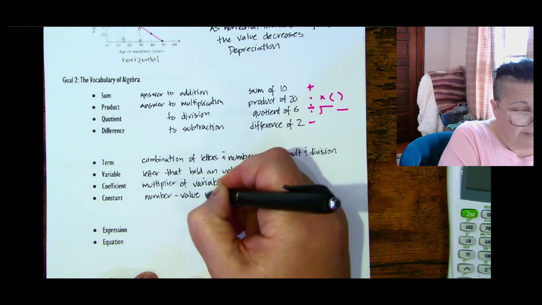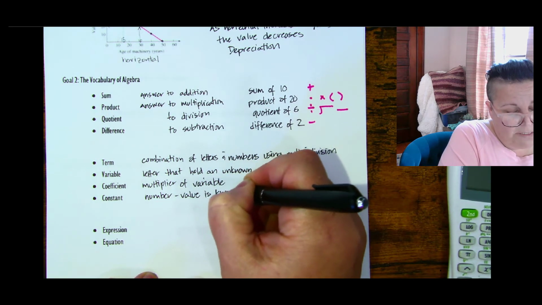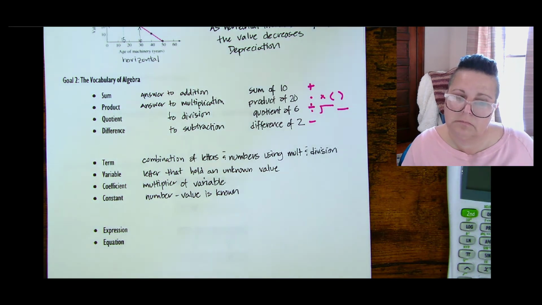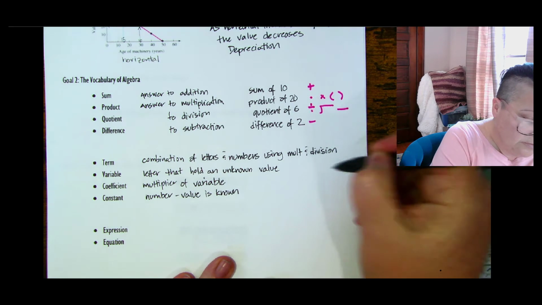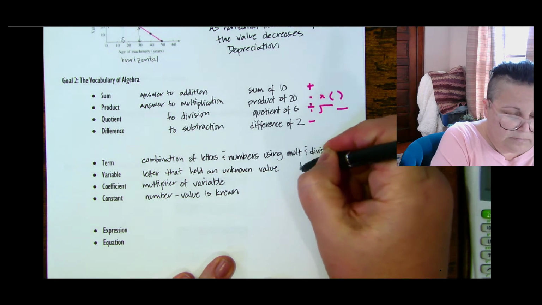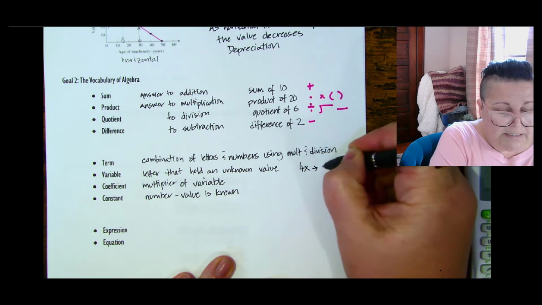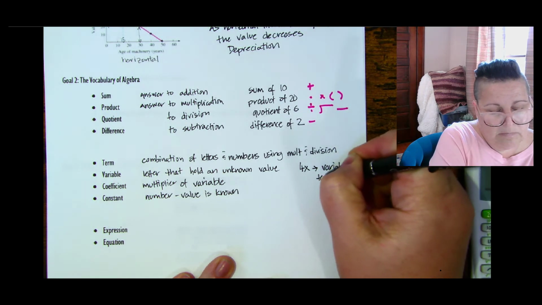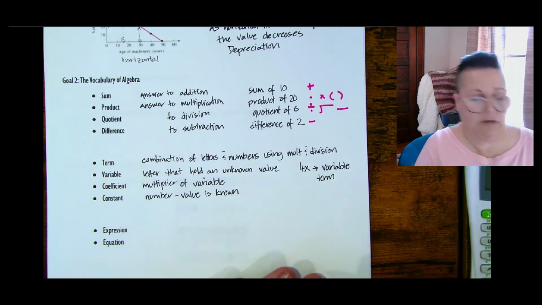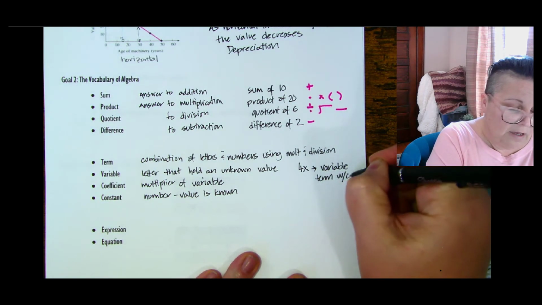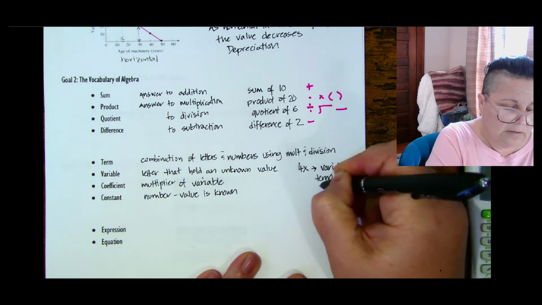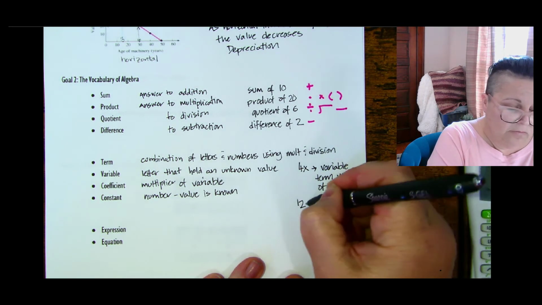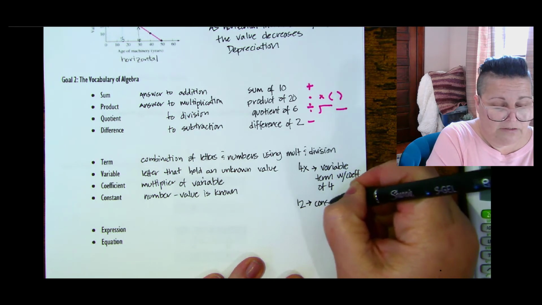What do I mean by that? Well, to put it simply, it's a 4. How much is a 4 worth? 4. So if you had 4x, this is a variable term because it has a letter in it with a coefficient of 4. 12 is a constant term.